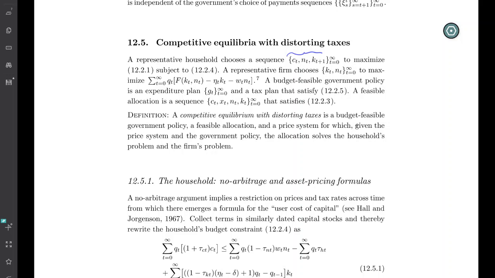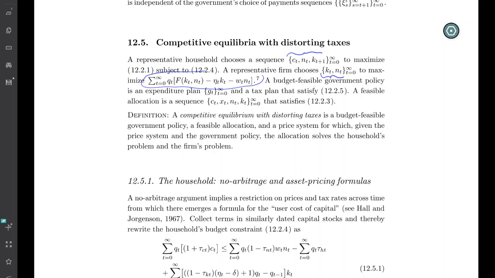The representative firm is going to choose capital and labor to maximize the present value of profits. That's output minus the rental rate on capital minus the rental rate on labor. Both the firm and the household are price takers.